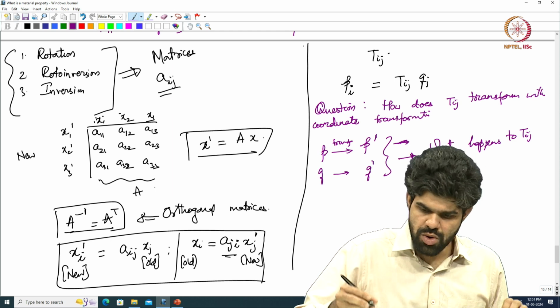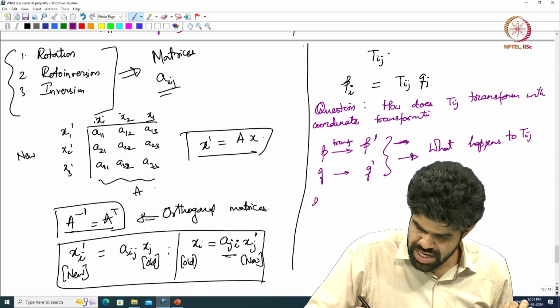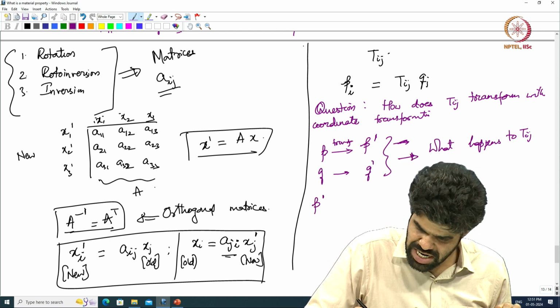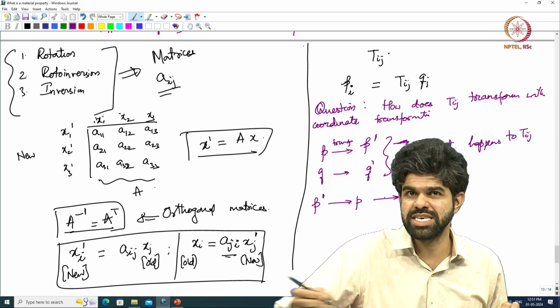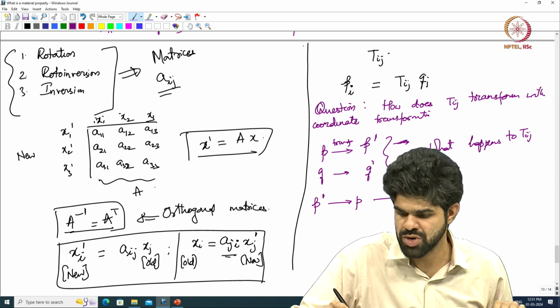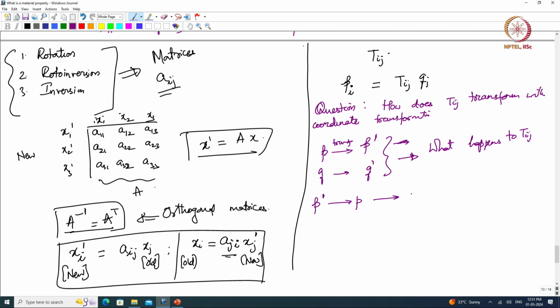Okay. So, let us write P dash in terms of P, and let us follow this chain, so it becomes easy to derive: P dash in terms of P, then P in terms of Q, and Q in terms of Q dash. So, now what is P dash in terms of P?